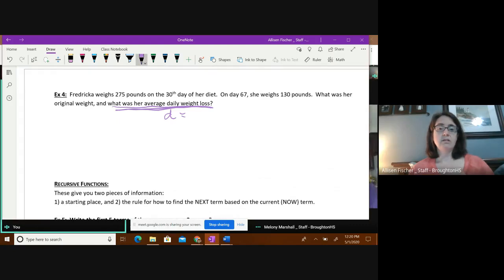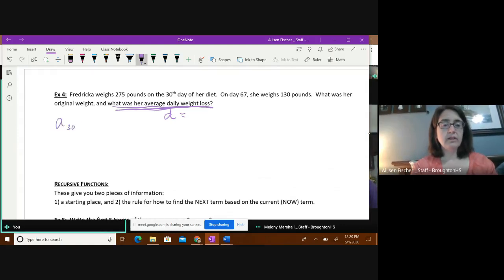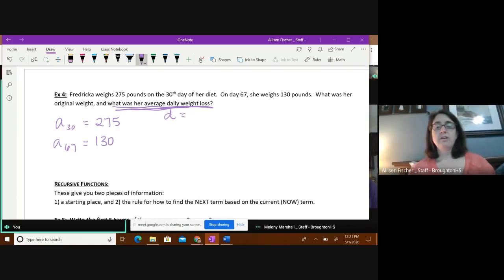So assuming that this is linear and that she's losing the same amount every day and that's staying constant, we're going to look at this like A30. So the 30th term is 275 and the 67th term is 130. We're going to figure out what the average daily weight loss is.